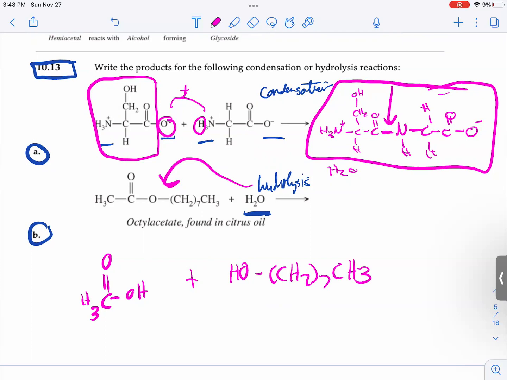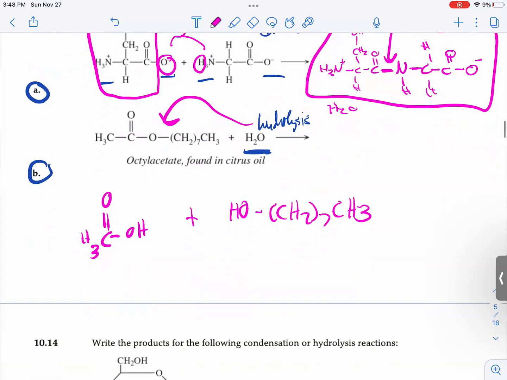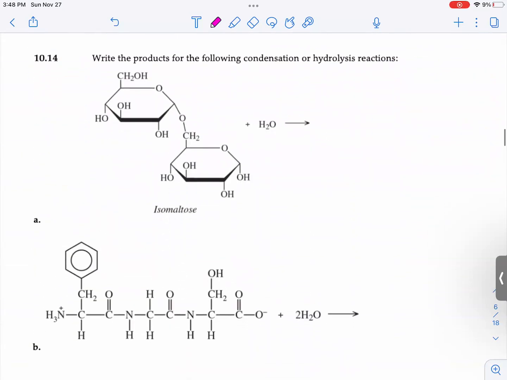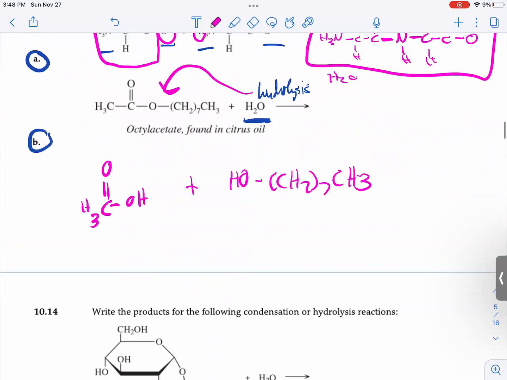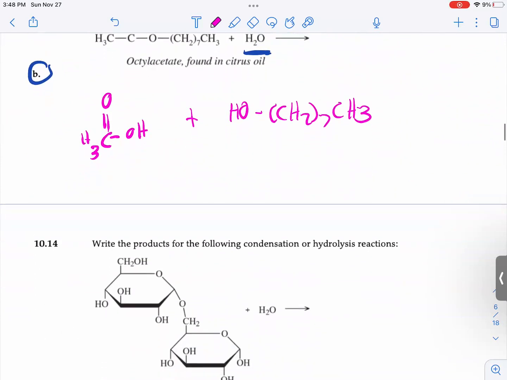That's exactly what's going to happen. All right. So there you go. And we've done hydrolysis before. It's just like that.